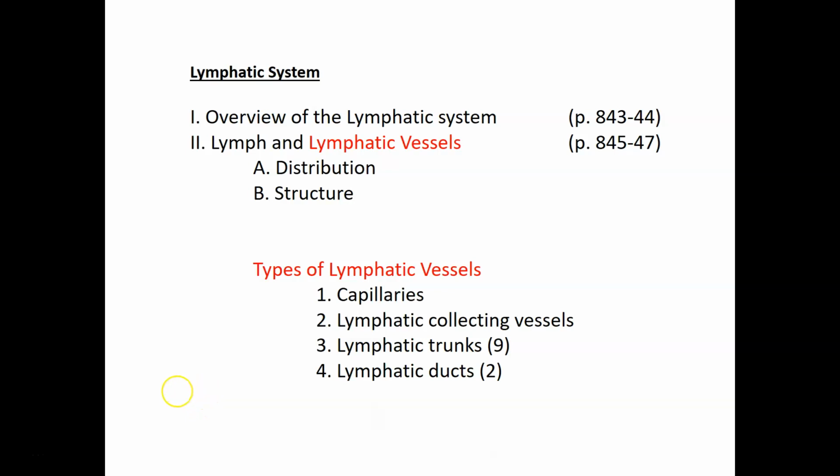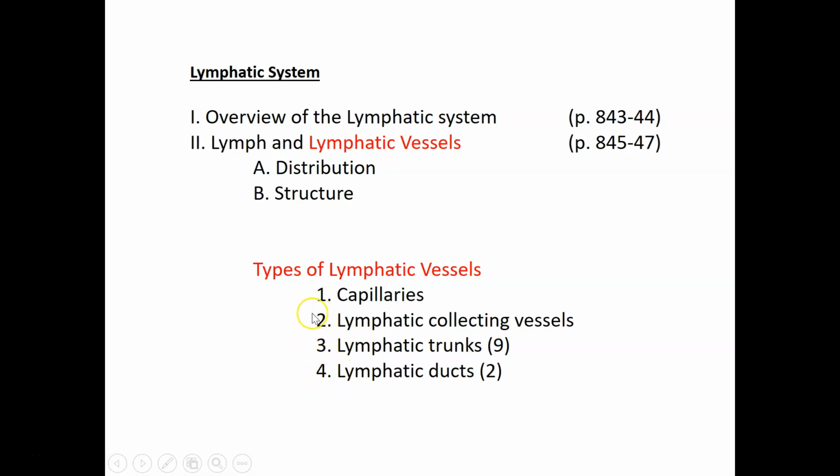So here's the outline, and this is what we covered in the first video, kind of an overview of the lymphatic system in terms of function and structure. And then I started talking about the lymphatic vessels last time, and mostly this was about the capillaries. So here are the 4 main classes of lymphatic vessels, capillaries being the smallest, lymphatic collecting vessels, lymphatic trunks, lymphatic ducts.